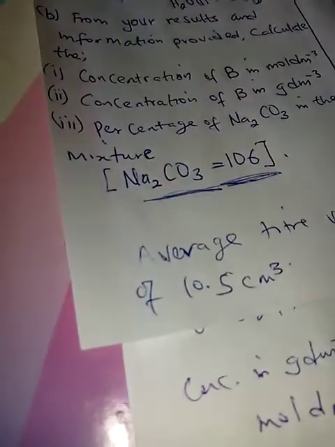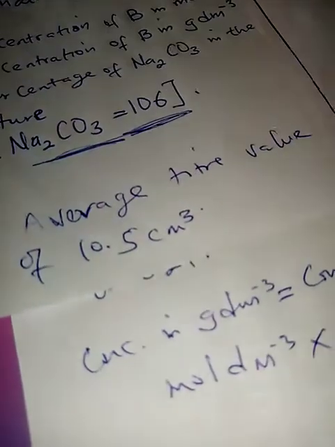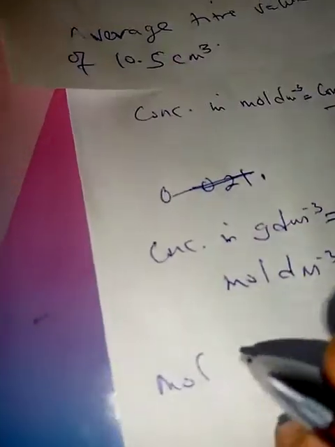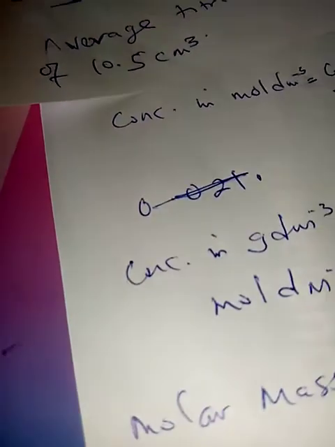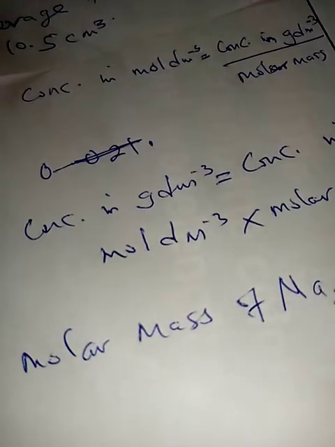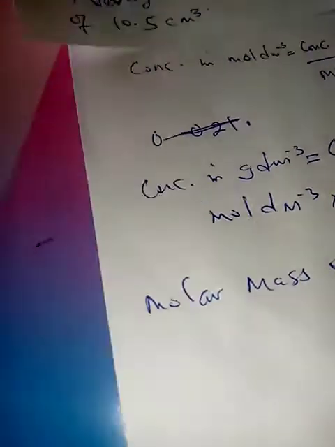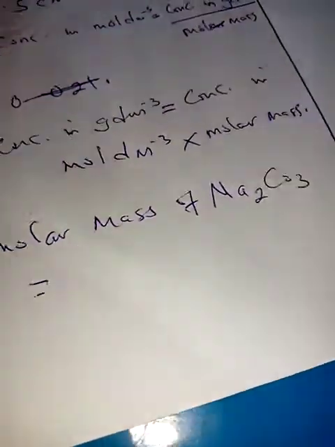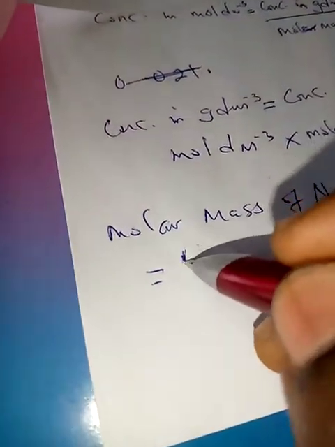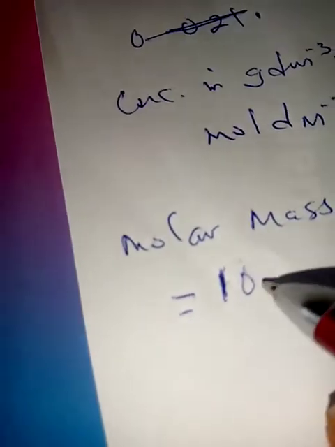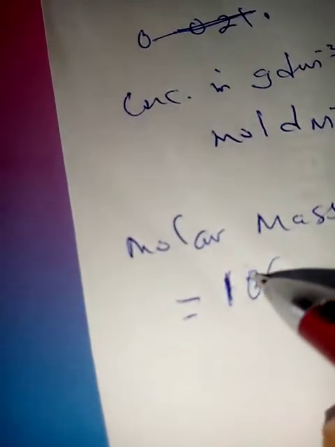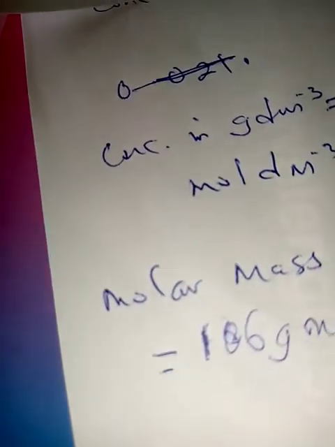So the molar mass of Na2CO3 is equal to 106 gram per mole.